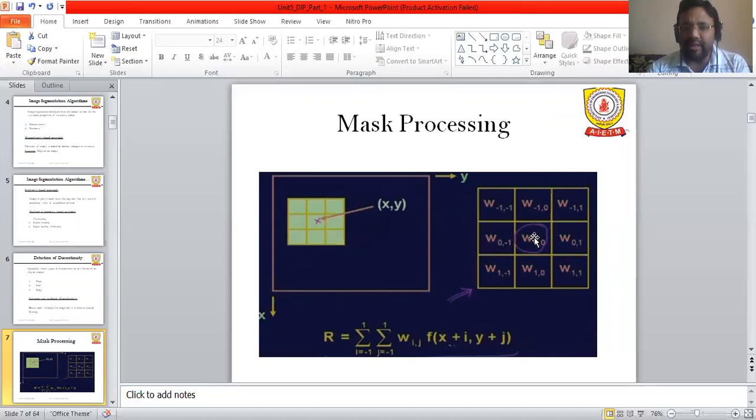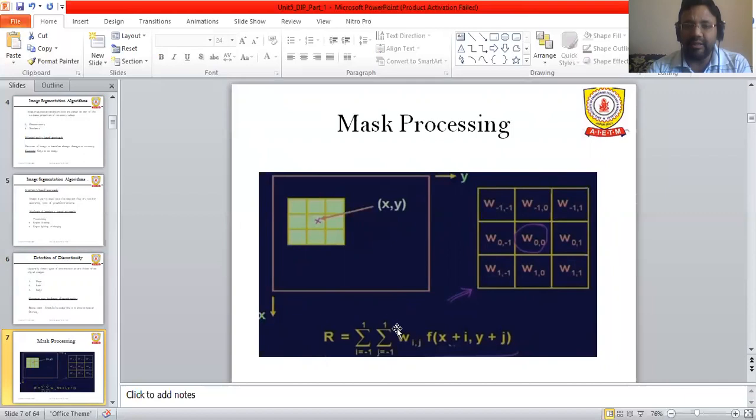So we put this center over here at this position and then we apply this expression: capital R equals the summation for i equals -1 to 1, j equals -1 to 1, of w(i,j) multiplied by f(x plus i, y plus j). What we do is simply put this center w(0,0) at position x, y and multiply each cell with the corresponding mask cell.